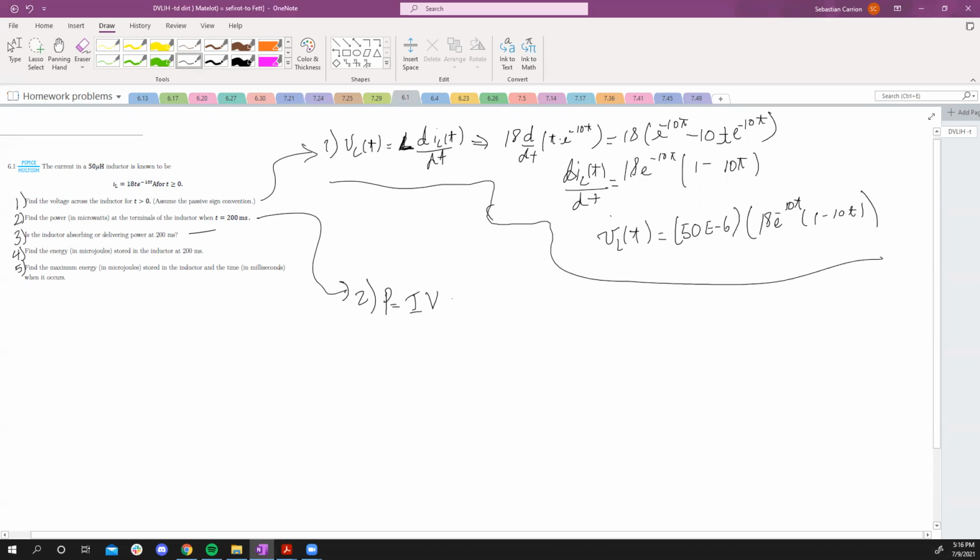We have the function for our current across the inductor and the function for our voltage across the inductor as a function of time for both. So power at 200 milliseconds.